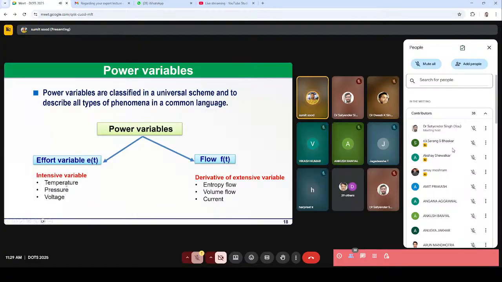For the thermal domain, we can see temperature as the intensive property, for the fluidic it could be pressure, and for electrical it could be voltage. And the flow variables are the derivatives of the extensive variables. For thermal, it could be entropy flow. For the fluidic domain, it is volume flow, and for electric, it is current.